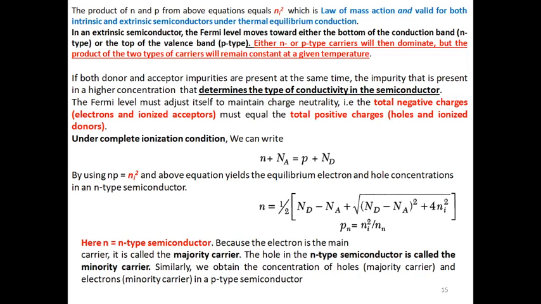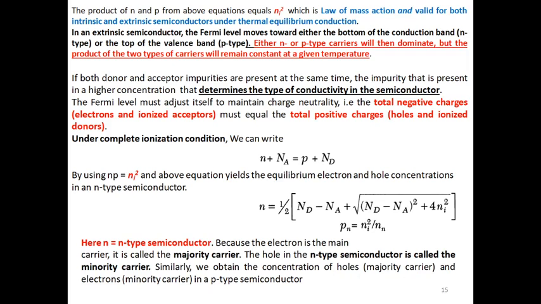Important here is, what happens if both donor and acceptor impurities are present at the same time? The impurity present in higher concentration determines the type of conductivity of the semiconductor.